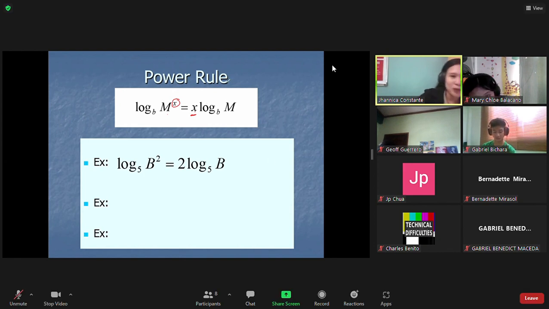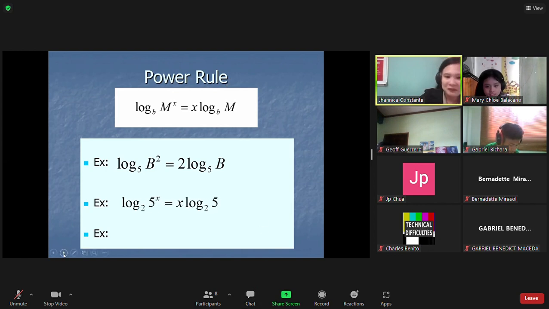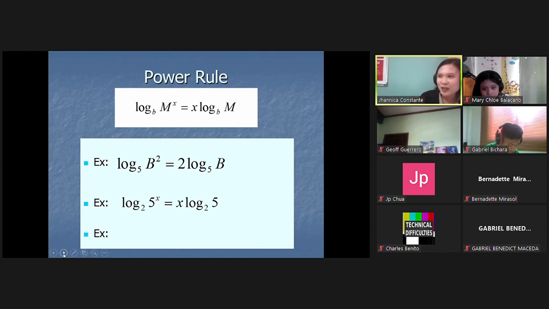So another example for the power rule to expand our logarithmic function. For example, we have logarithmic 2 of 5 raised to the power of x; it will be the same as, once we expand it, x logarithmic 2 of 5. Another example for the power rule: we have the logarithmic 7 of a cubed times b raised to the power of 4.